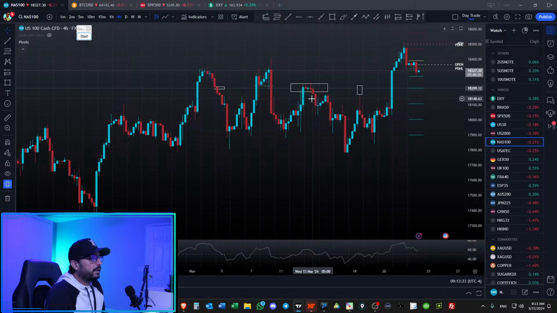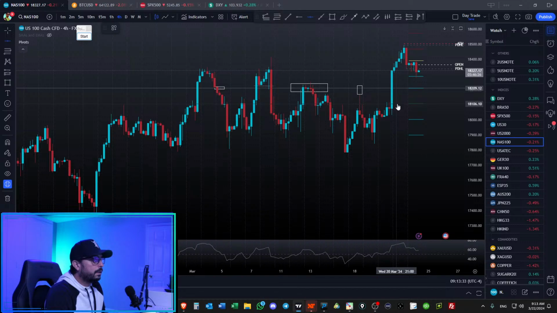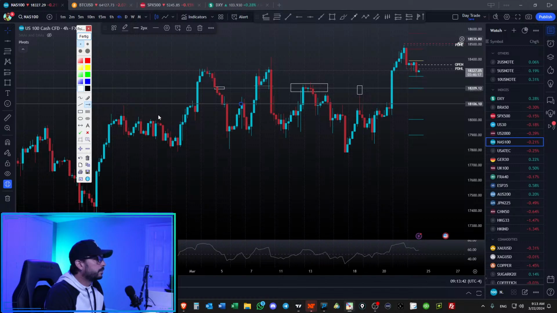So you don't have to keep putting, look at this one over here. I'm going to do this a little thicker so you can see it. All right, let me do this one. Look where that line goes. That's just the daily pivot point support. It conflicts with 1, 2, 3, 4 zones.